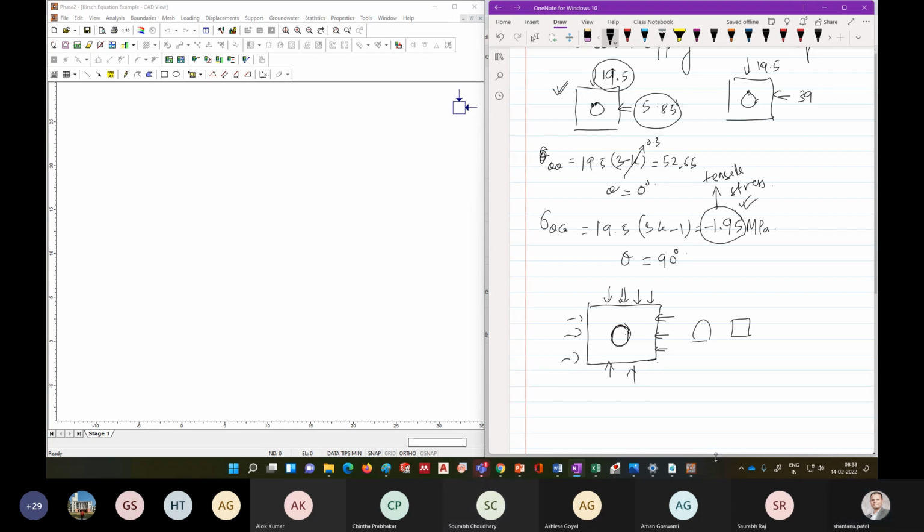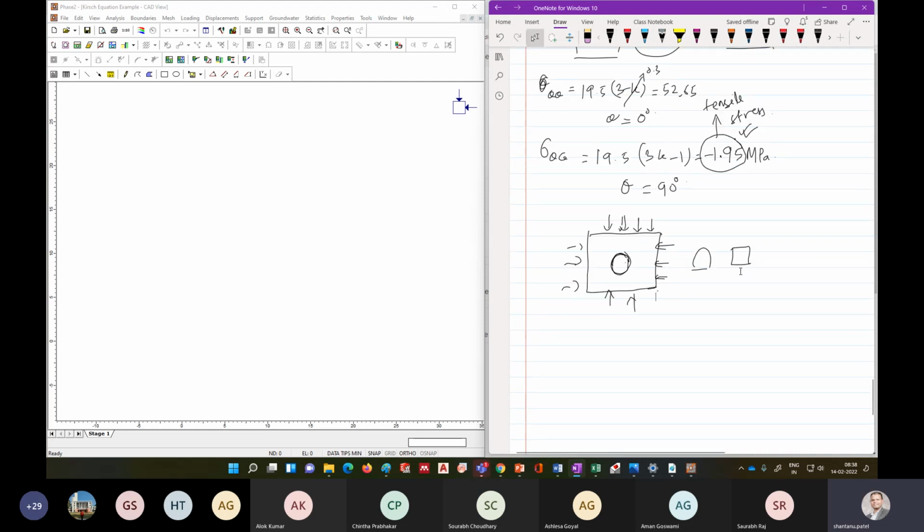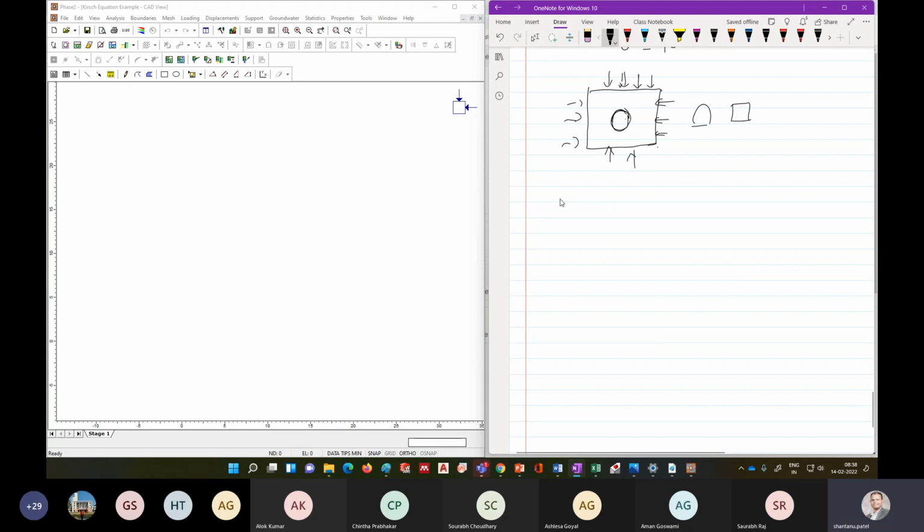Yes, sir. Okay. Similarly, if you just put k equal to 2, the sigma theta equal to 19.5. I'm not solving it, you please do it yourself. At theta equal to 0 degree and sigma theta equal to 97.5 MPa.